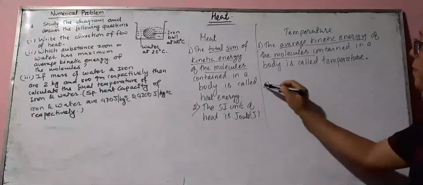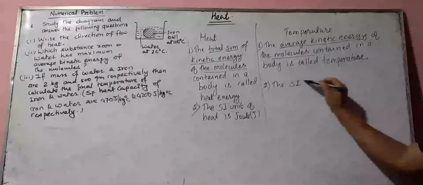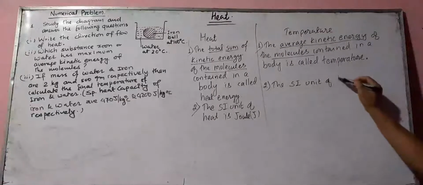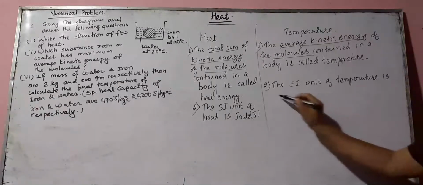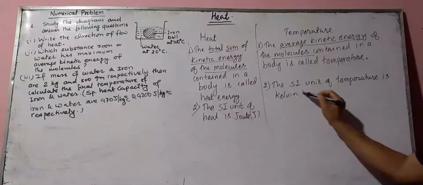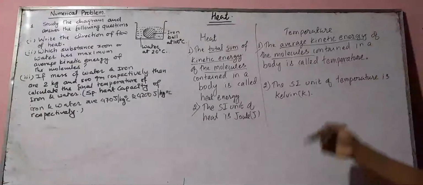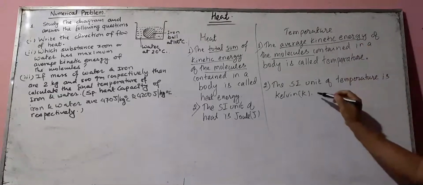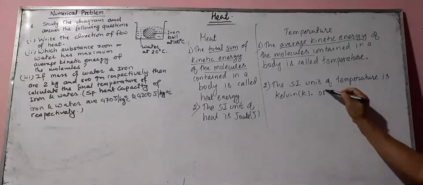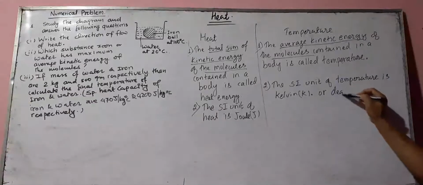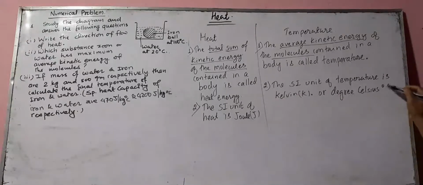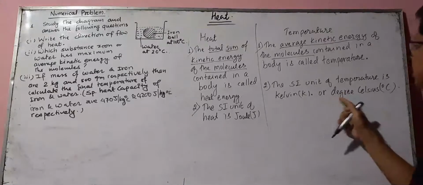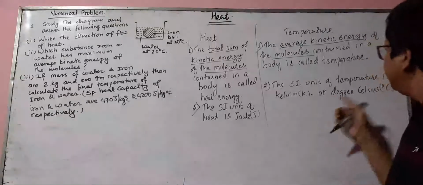And similarly the SI unit of temperature is Kelvin, K. Or the most commonly used unit of temperature is degree Celsius. Okay. In other words, you can write degree Celsius. That is the most commonly used unit of temperature.